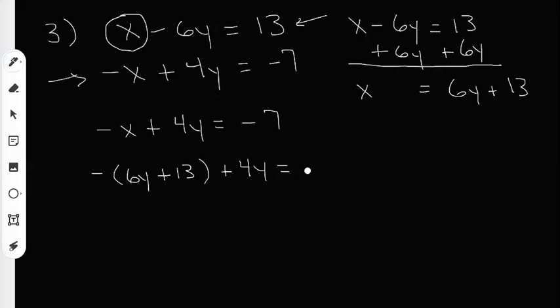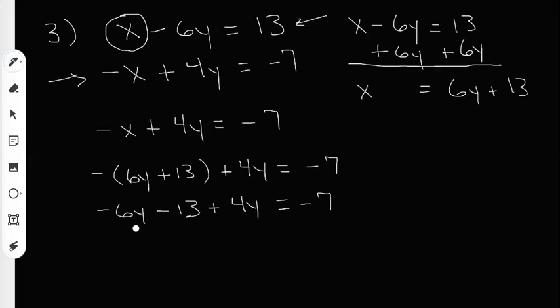So I still have the plus 4y equals -7. And then I just start to work it out. Now I know I can distribute the negative. That's going to give me -6y minus 13 plus 4y equals -7.